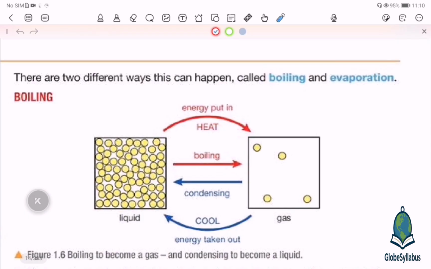So a liquid becoming a gas is called boiling or evaporation, and it requires input of energy. Whereas from gas to liquid, it requires cooling down, called condensation. The best example of condensation is when you take a hot shower.